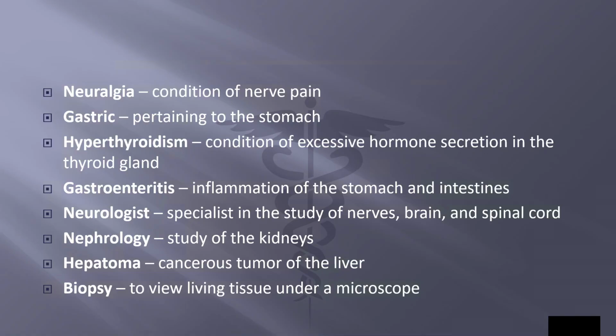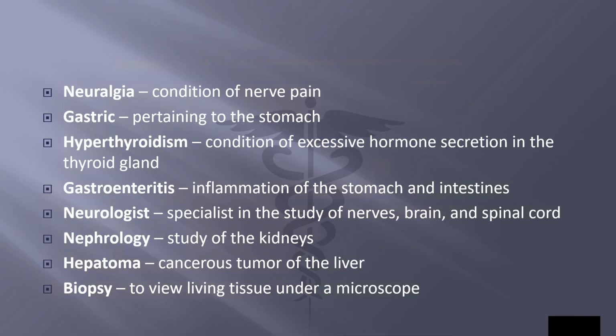So our medical term, hyperthyroidism. Hyper means excessive. The thyroid gland is in the neck. It secretes the hormone thyroxine, which helps cells burn food to release energy. So hyperthyroidism, condition of excessive hormone secretion in the thyroid gland.